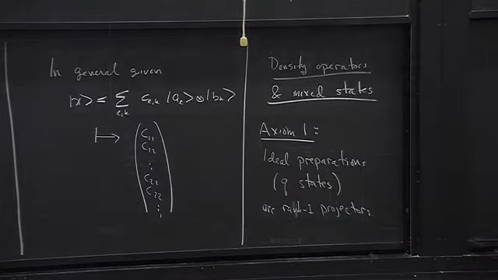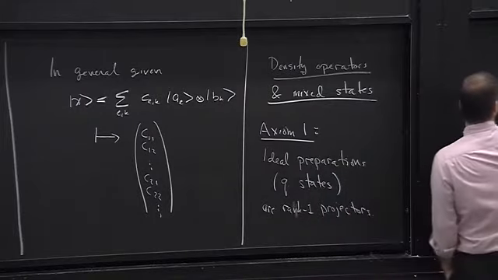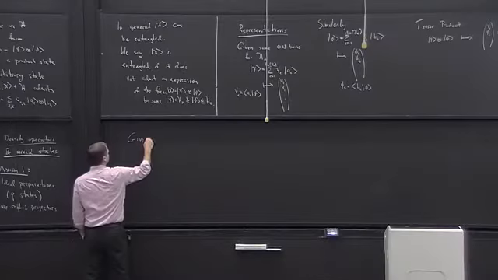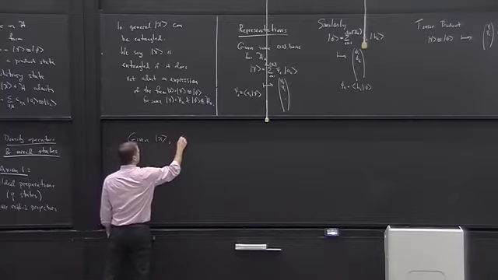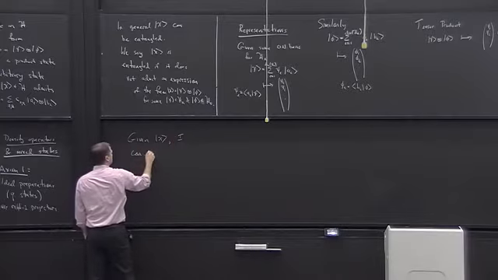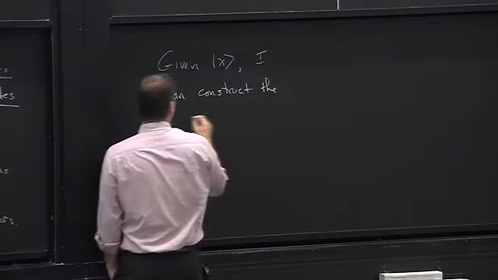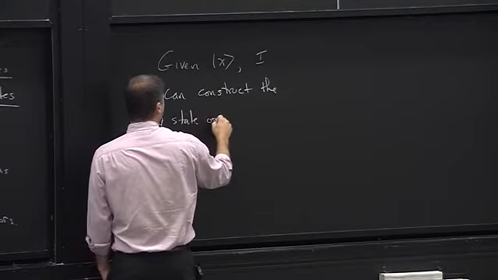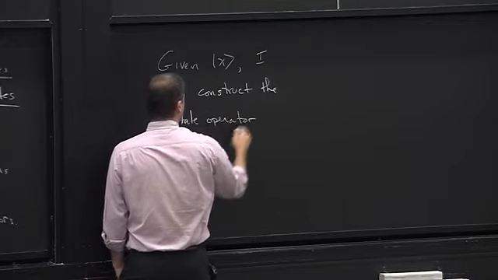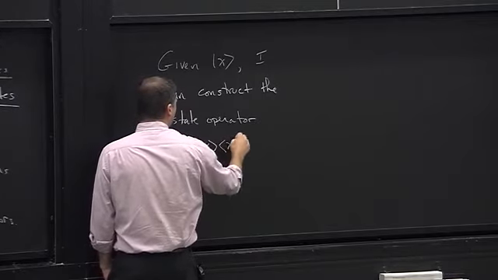This is just a quick summary. And why do I want to talk about projectors here? I'm talking about states as Hilbert space vectors. And of course, the point is, given some chi, I can construct the quantum state operator by just taking the vector and its dual.